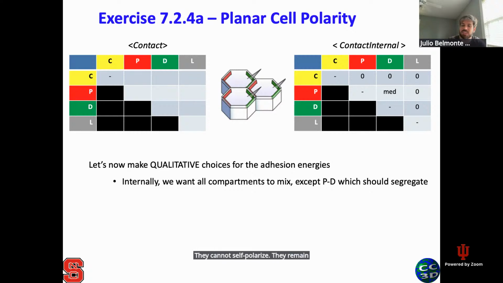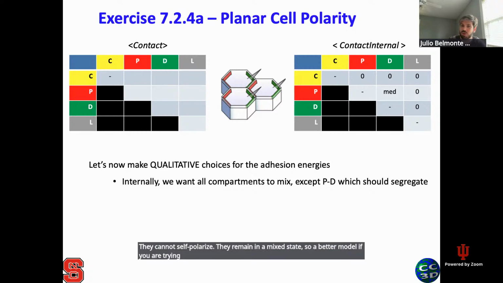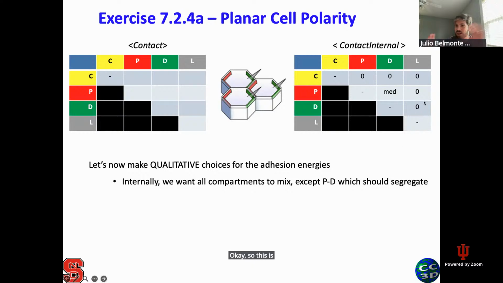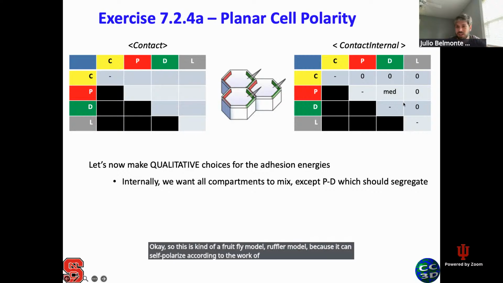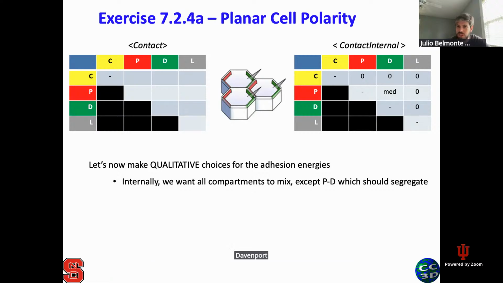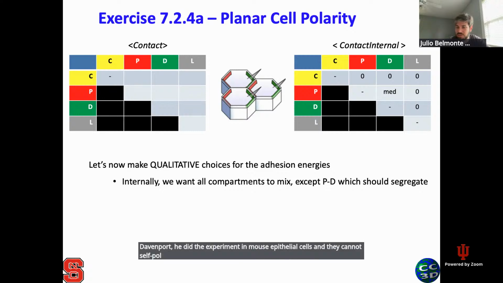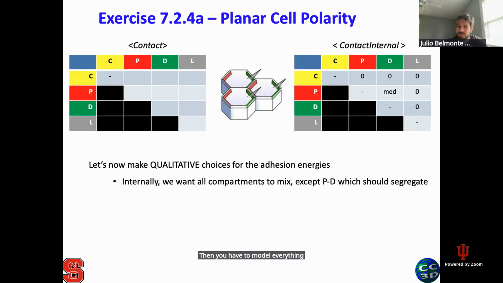They remain in a mixed state. So a better model, if you are trying to model mouse morphogenesis or mammalian PCP, is to have all the energies negative, because those cells cannot self-polarize. So this is kind of a fruit fly, Drosophila model, because they can self-polarize according to the work of David Axelrod. But Danielle Davenport did the experiment in mouse epithelial cells, and they cannot self-polarize by themselves. So then you have to model everything with negative energies.